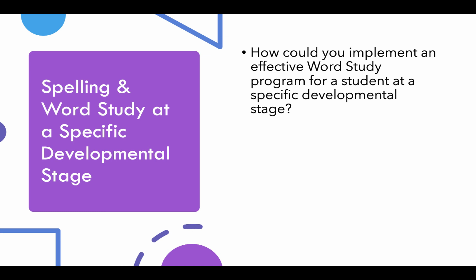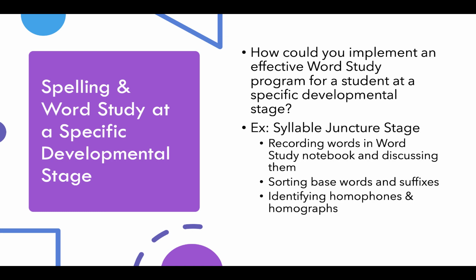Before you read this next section, I recommend having a paper to take notes. You'll be transferring this section to your quiz. For example, if I select the syllable juncture stage, I will then list the activities that I am suggesting for my student: recording words in a word study notebook and discussing them, sorting base words and suffixes, identifying homophones and homographs.